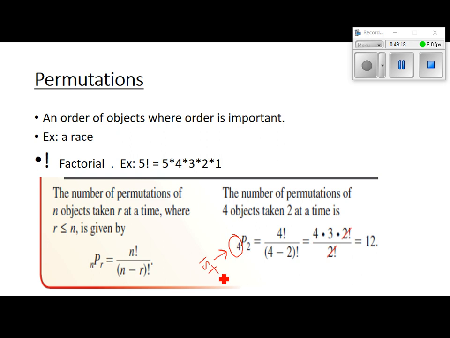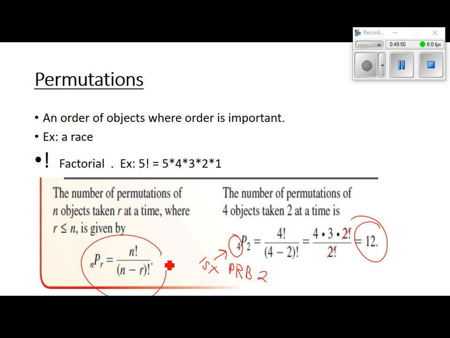So hit clear, type in 4, then hit that PRB button. Hit enter for permutations for the P one, and then hit 2. Then hit equals. So both what we're doing now and what we're going to do next are right there on your calculator.